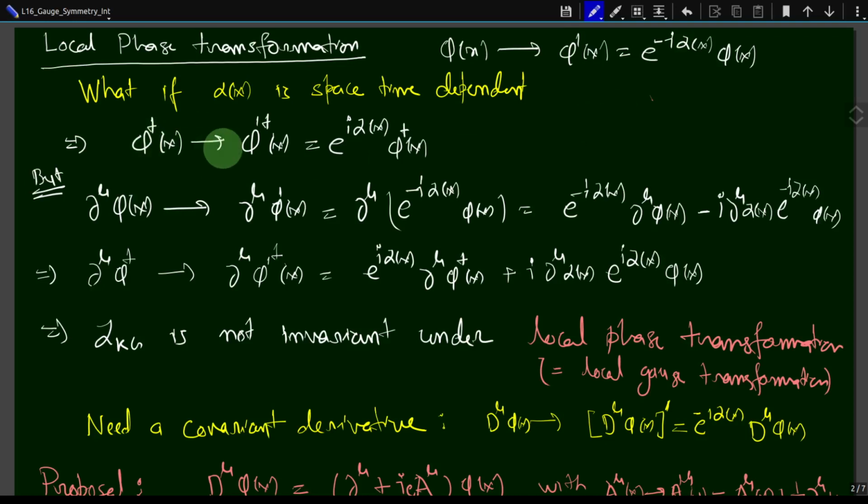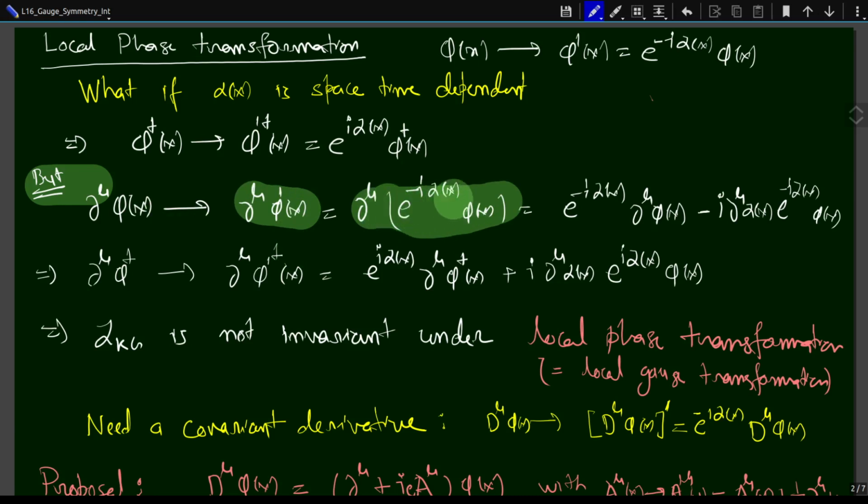But what happens here is that del mu of phi of x will then go into del mu of phi prime of x, and if you put in the value of phi prime of x, you will get this relation, where the exponential factor is sitting.